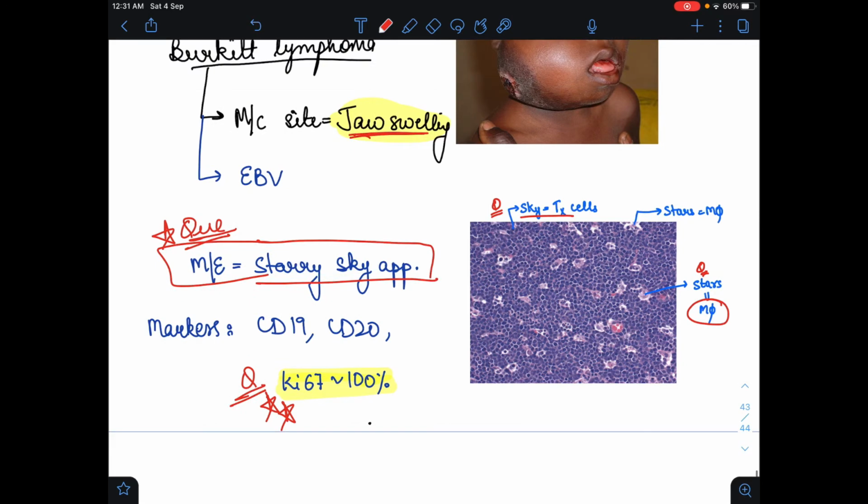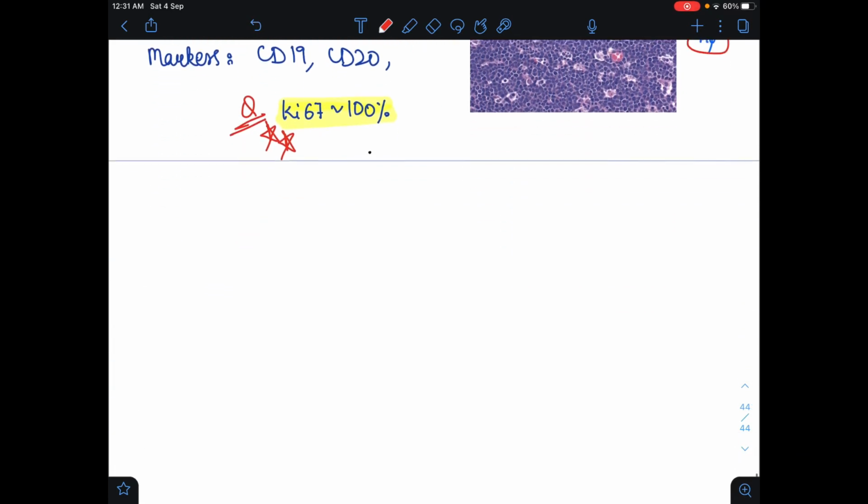Now move to the fourth type of B type non-Hodgkin lymphoma, which is CLL, or we can say SLL, small lymphocytic lymphoma.